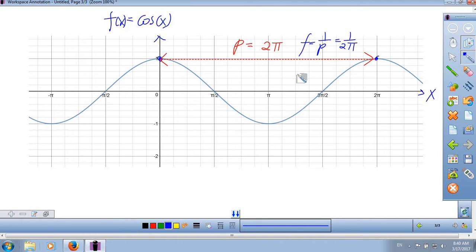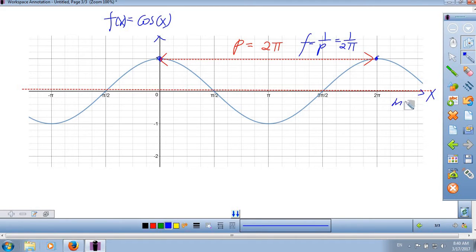And the amplitude, if you take a look at it, from the midline. Where's the midline? If I have the maximum at 1 and minimum at -1, the midline has to be in the middle, between 1 and -1, so it has to be 0.